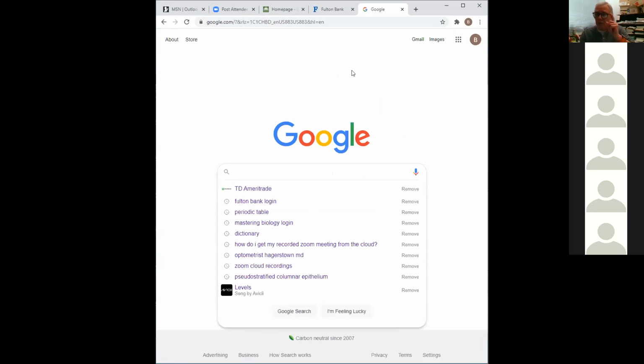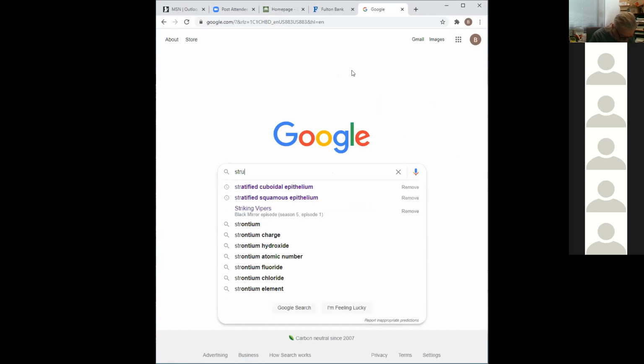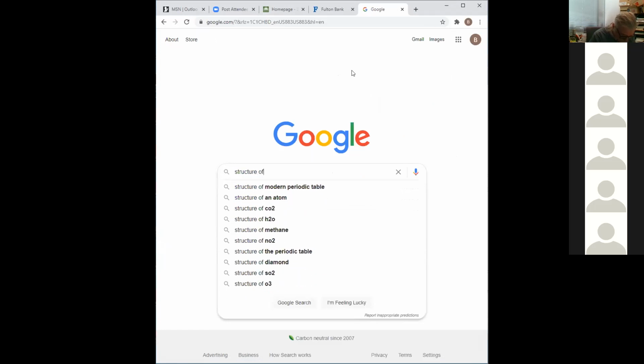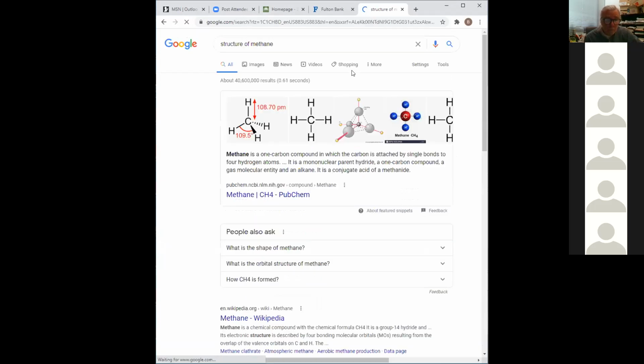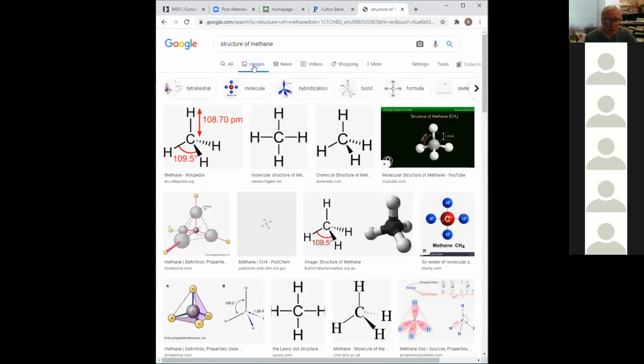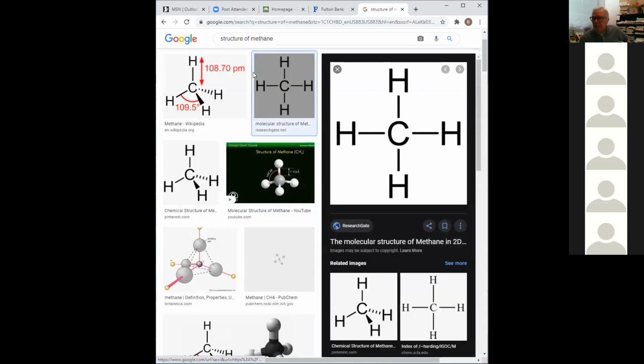So how many hydrogens does it have? 4, CH4. Okay, methane images. There's methane, CH4, right?